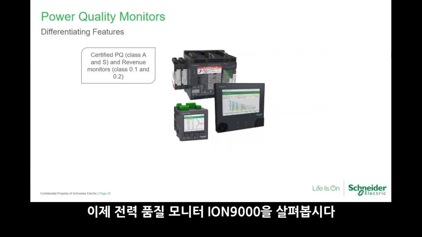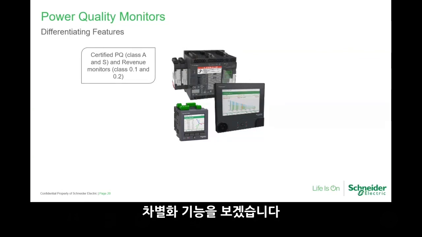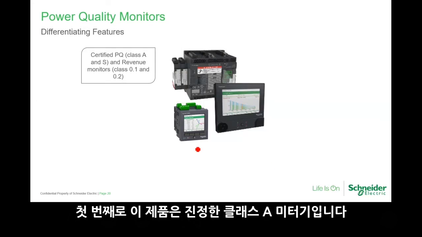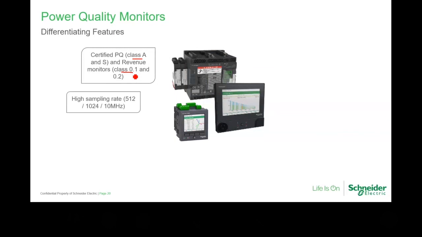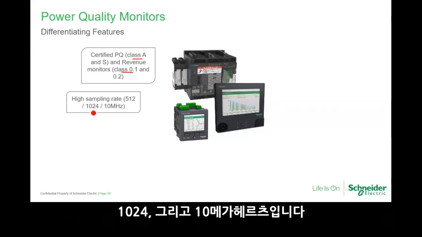So let's take a look at the power quality monitor ION 9000. The differentiating features. First thing, it is a true Class A meter, 0.1 accuracy, so it's the most accurate meter in the world. High sampling rate, 1024 and also 10 megahertz.